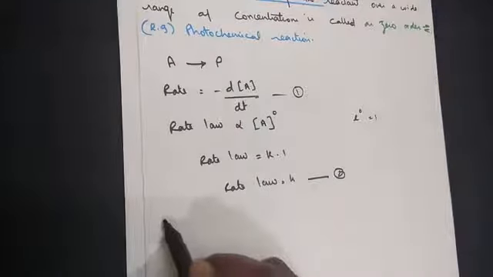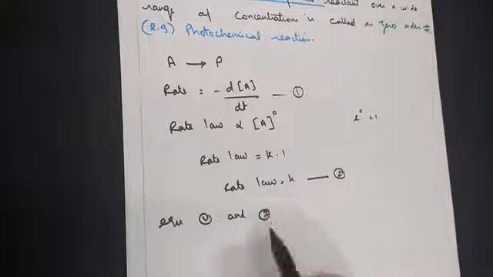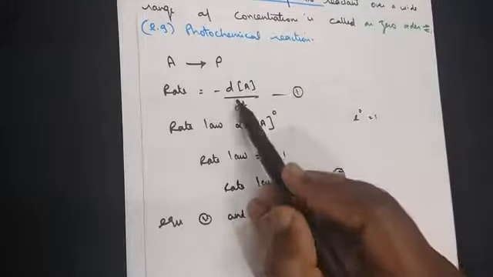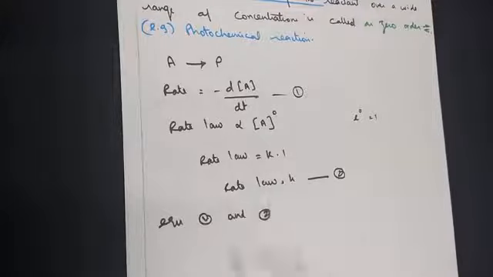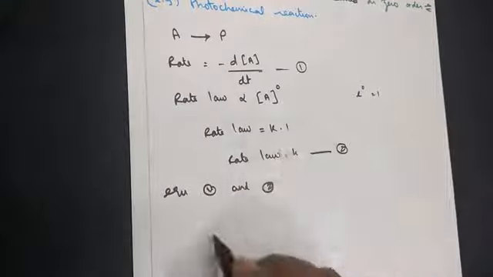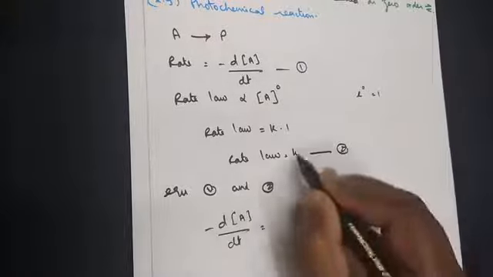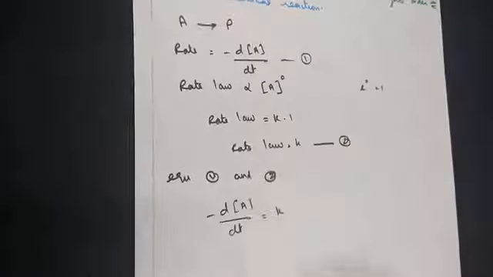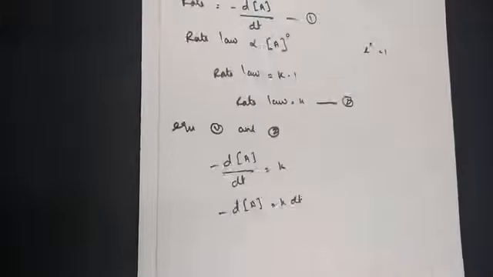As we have seen earlier, equate equation 1 and 2. Equation 1 is in terms of the rate of the reaction, equation 2 is in terms of the rate law. When we equate it, we get minus d of A by dt is equal to K. Let's take the dt to the other side. So we get d of A is equal to K into dt.